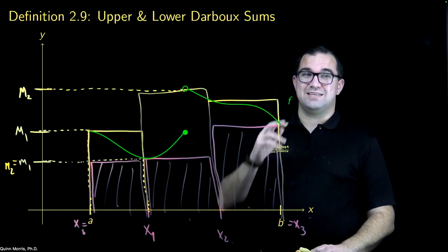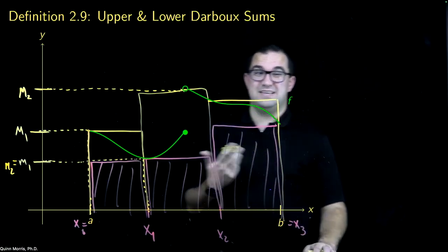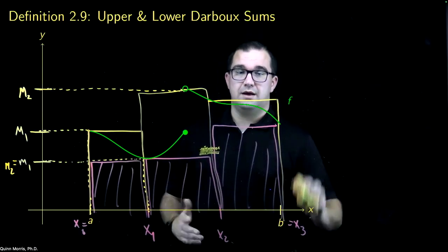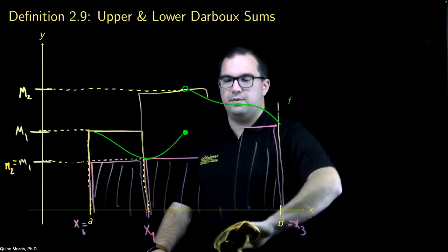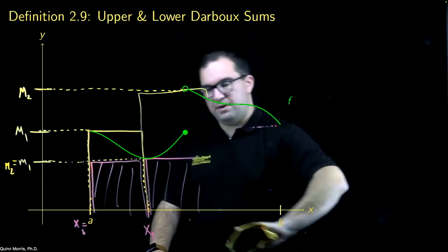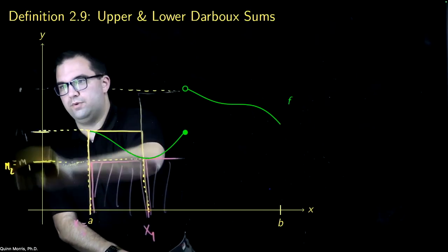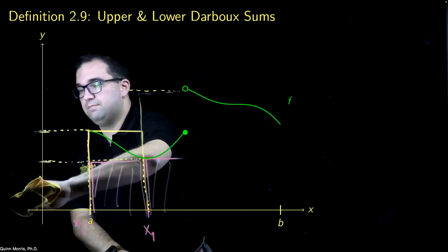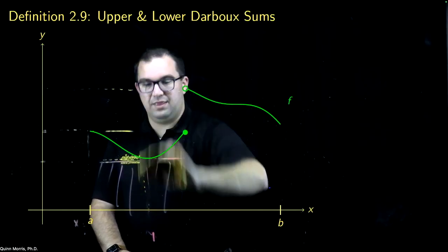The trade-off is the definition of that capital M sub k or little m sub k is a little trickier. It's not just f of some value. It's defined as an infimum or a supremum. So there are trade-offs there. You don't need tags, but it does make the definition of those heights a little bit more difficult to work with. We will see that all of these things have an appropriate place.